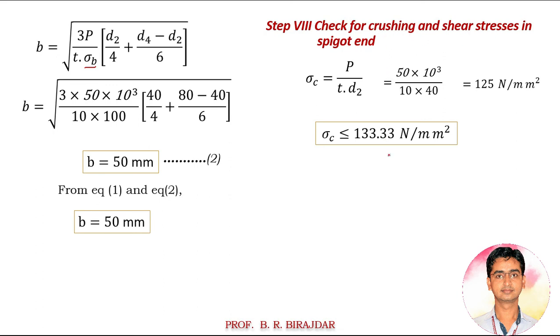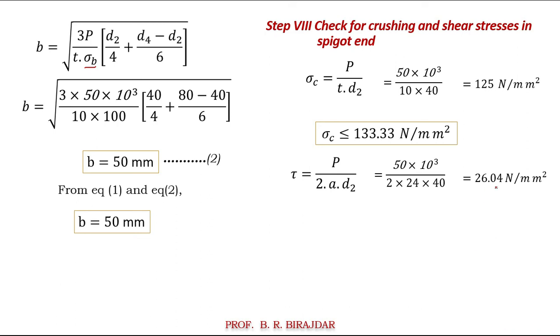Again, we will check the shear stress, whether it can sustain the shear load. Tau is equal to P divided by twice A into D2. We will put in all these values. Load is 15 into 10 raised to 3 Newton, 2 into A it is 24 mm, and D2 it is 40. If we calculate, considering this A and D2 dimension, we will get 26.04 Newton per mm square.